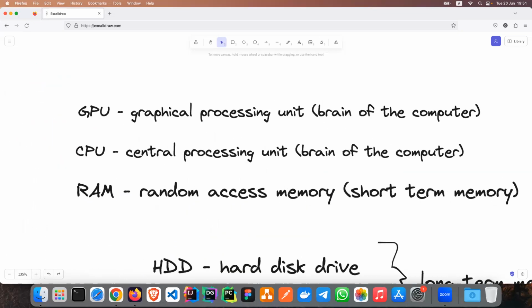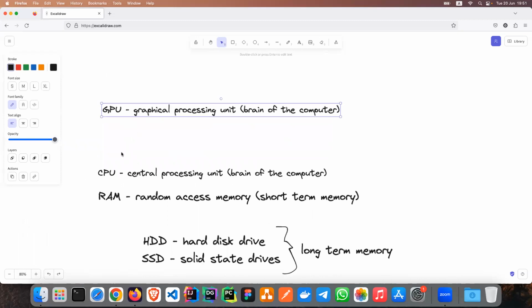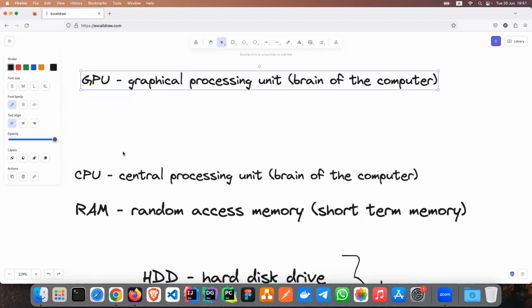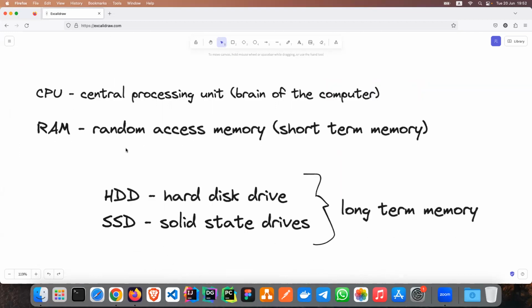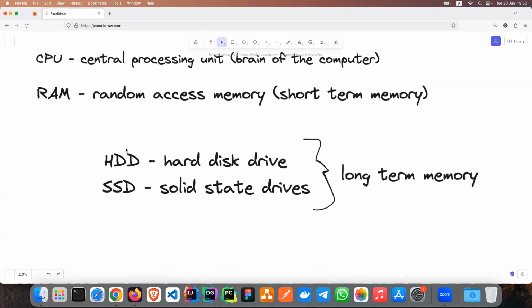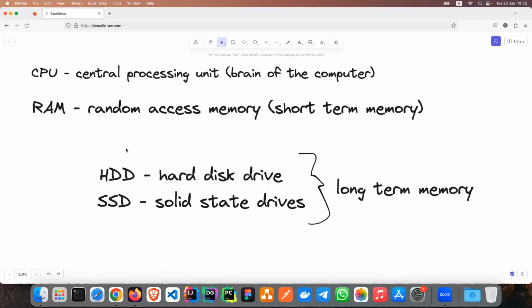We won't talk about GPU stuff, it's another topic, maybe in computer graphics. The CPU, we said, is the central processing unit, which just does calculations, compares something, gets something from memory, and that kind of stuff.